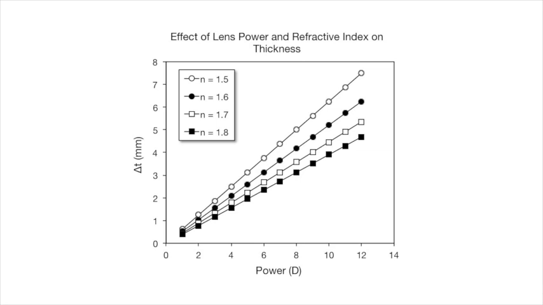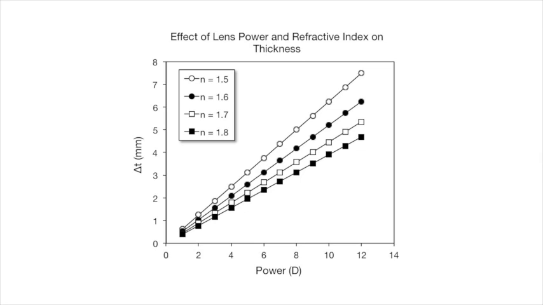So here, if we think about a 10 diopter myope, you can see that increase in the refractive index from 1.5 to 1.8 is going to result in a reduction in edge thickness of over 2 millimeters. So basically, the greater the refractive error, the more important it is to consider a high refractive index.